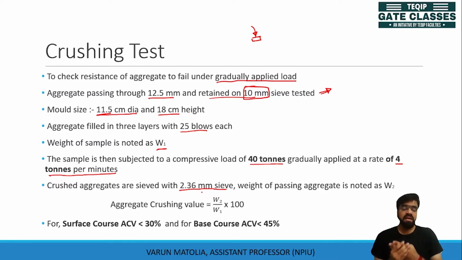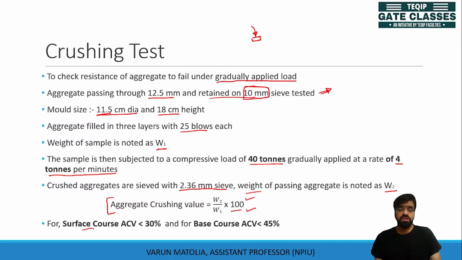But what we are checking, if the size has reduced less than 2.36 mm. Now the aggregate passing through this 2.36 mm sieve is weighed and a ratio of the W2 value and W1 value is taken and converted into percentage. This percentage is known as aggregate crushing value.